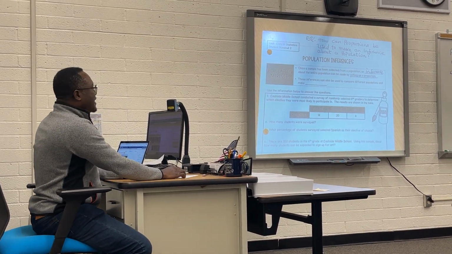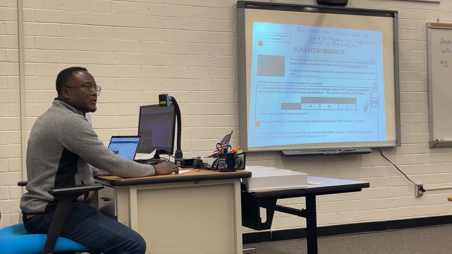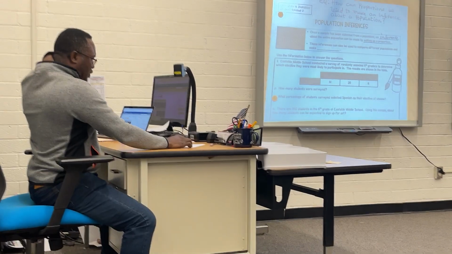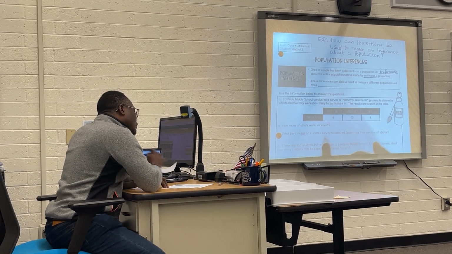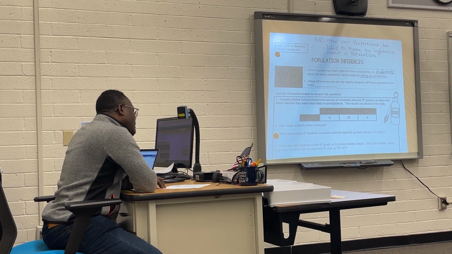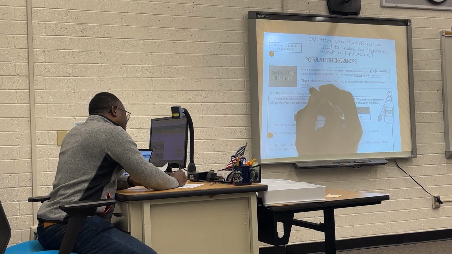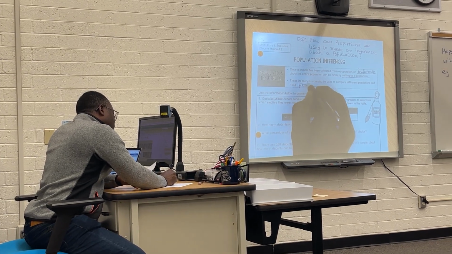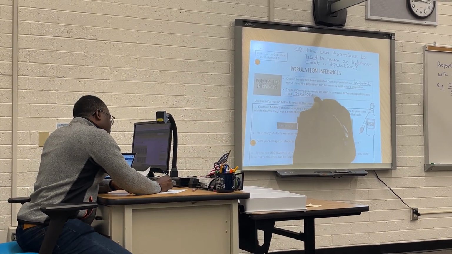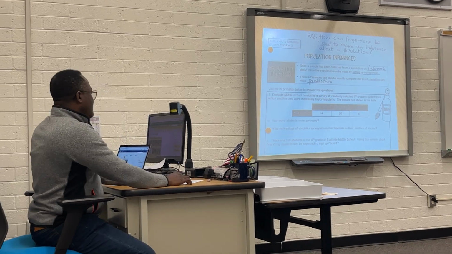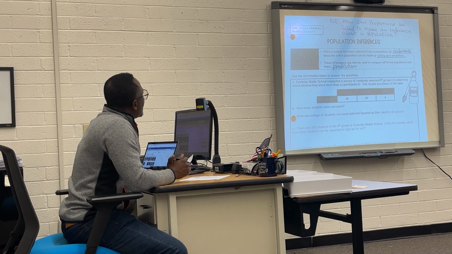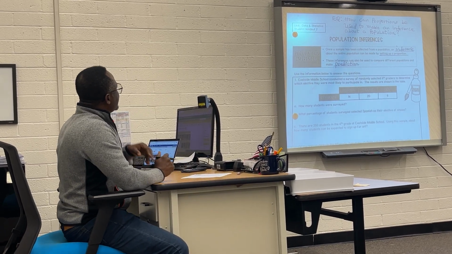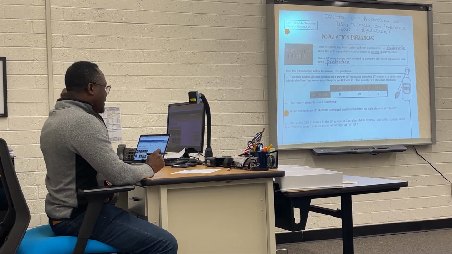I've already explained what a proportion is to you. You know how to set up a proportion. And these inferences can also be used to compare different populations and make predictions. So this is just the introduction, or the meaning of population inferences.